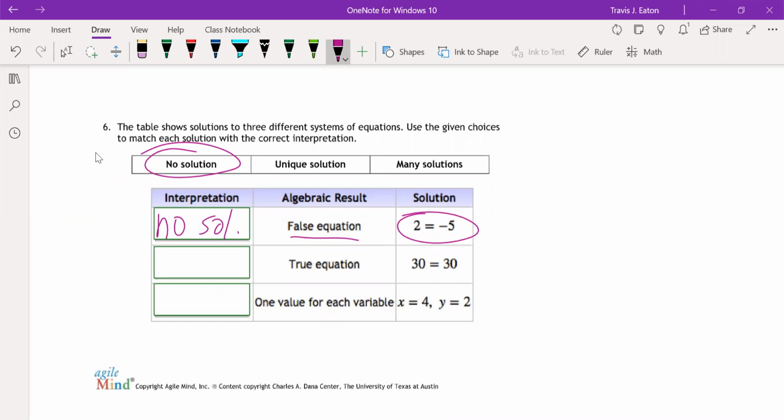Now, if there is a true equation like 30 equals 30, that makes it a true equation, then that means we have many solutions, an infinite number of them, as long as they all lie on that line.